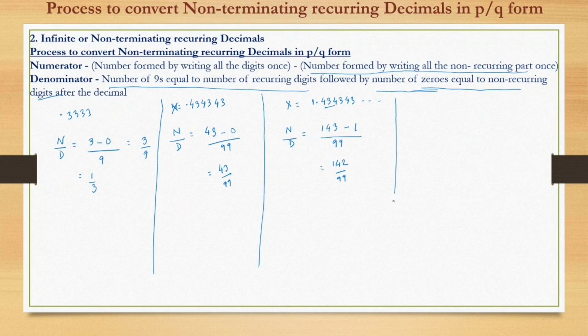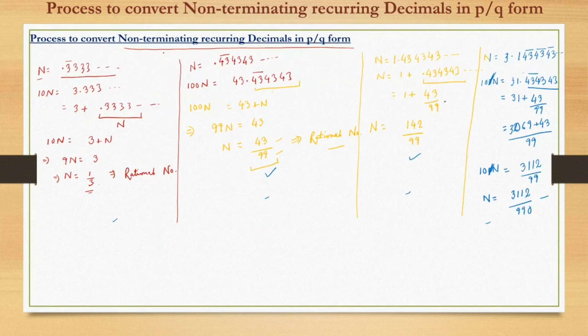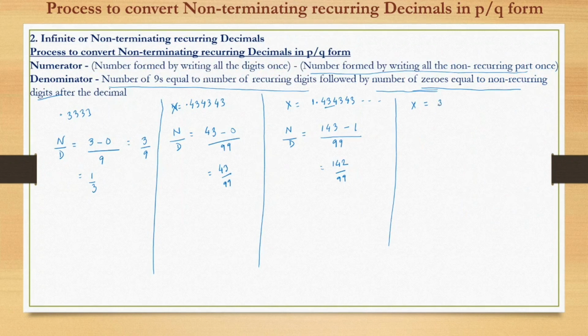Similarly, we'll take the last example, which is 3.14343... 3.1434343, and so on. If we want to convert this into n by d form, what is the number we can form?